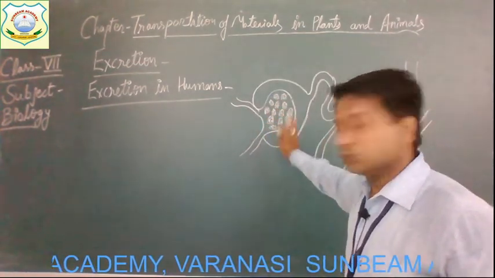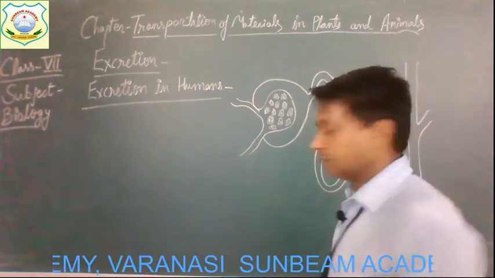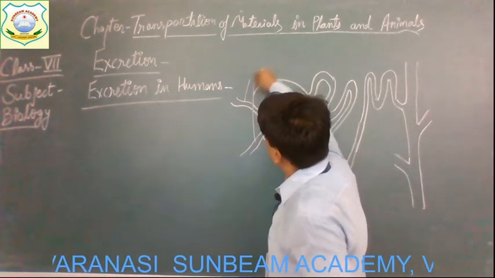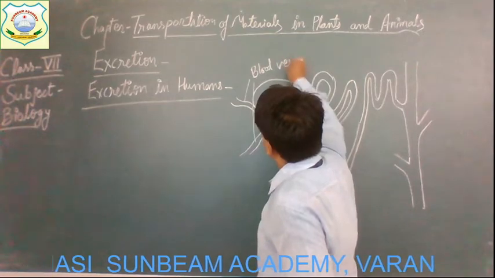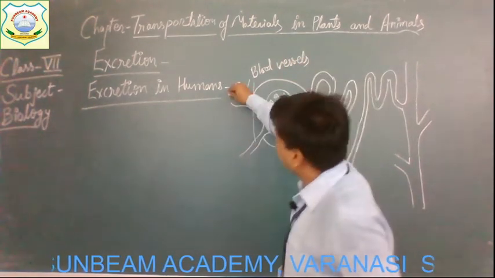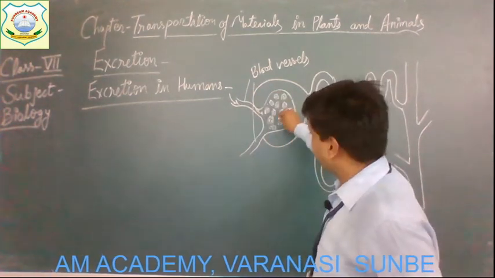Okay children, this is the structure of a single nephron. This one is the blood vessel. The blood comes through this vessel. This one is the capillary.